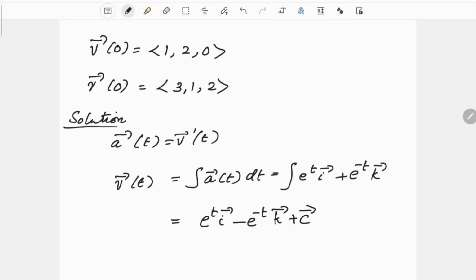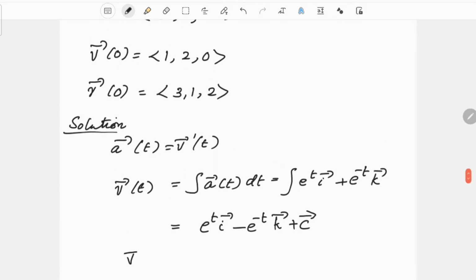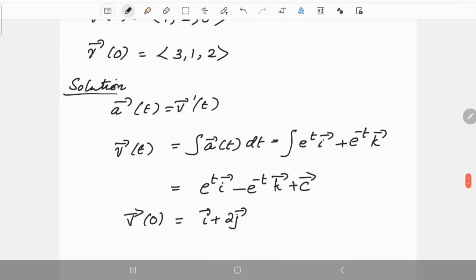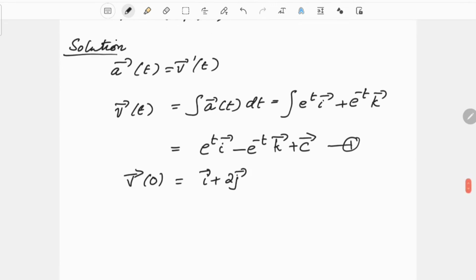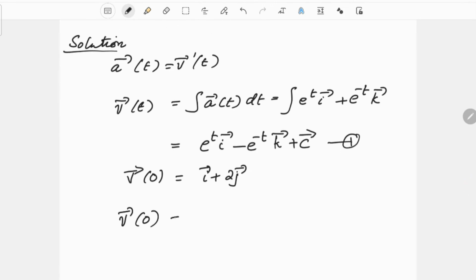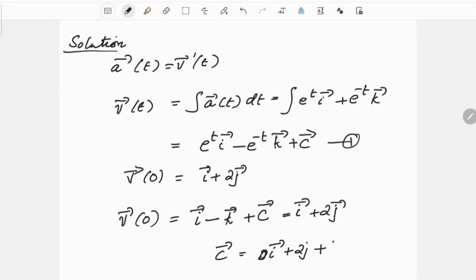And to find the vector c, we use the initial condition v(0) = i + 2j + 0k, and from this equation 1 we have v(0) = e^0 i - k + c, and that is equal to i + 2j. So vector c is equal to 0 i + 2j + k.